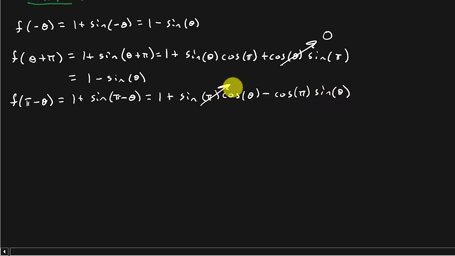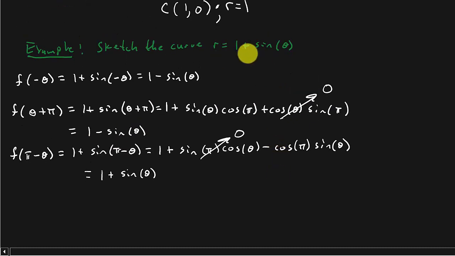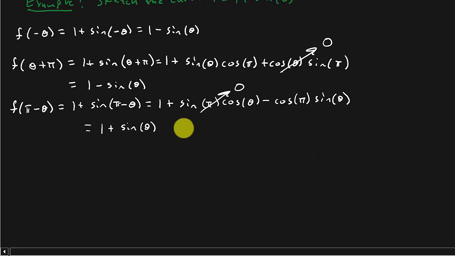Now, once again, that goes to 0. We're going to be left with 1, this 1 right here, and then cosine pi is -1. So that's negative sine, a negative and a negative is positive, so that's plus sine theta. And look at that. We ended up with what we started with. So we know this is symmetric about theta equals pi over 2.